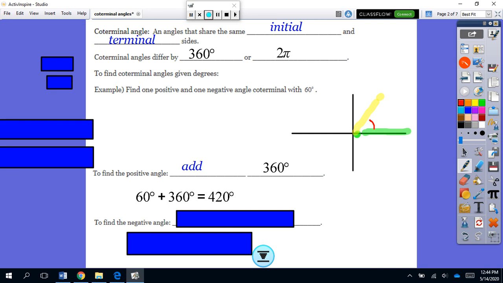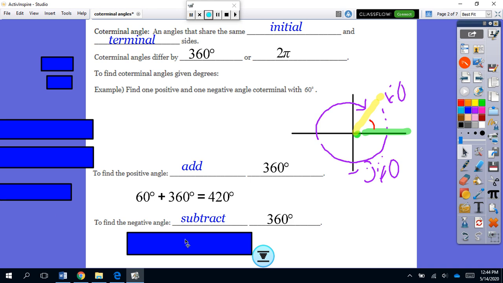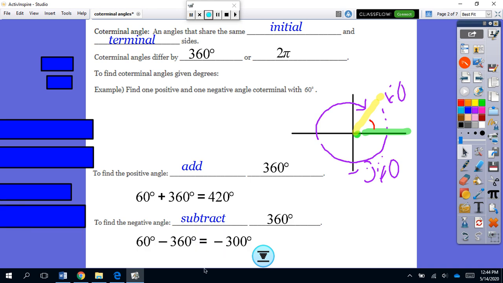Now what if I want a negative angle? Well, now I'm going to go backwards from here, negative 360 degrees. Remember, clockwise direction is negative. So it's going to be 60 minus 360 degrees. You're just going backwards, subtract 360. So 60 minus 360 would be negative 300 degrees.